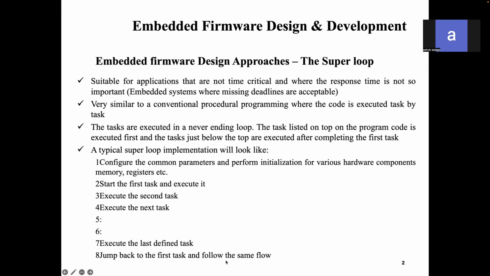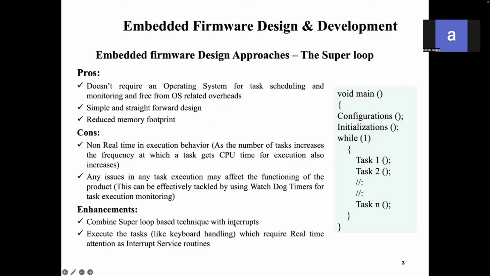Suppose there are 10 tasks: initialize the parameters, start the first task, execute it, start the second task, execute it, and so on. Execute the last task, which is task 10 here, and again jump back to the first task and follow the same flow of execution. This type of approach is called the super loop based approach.